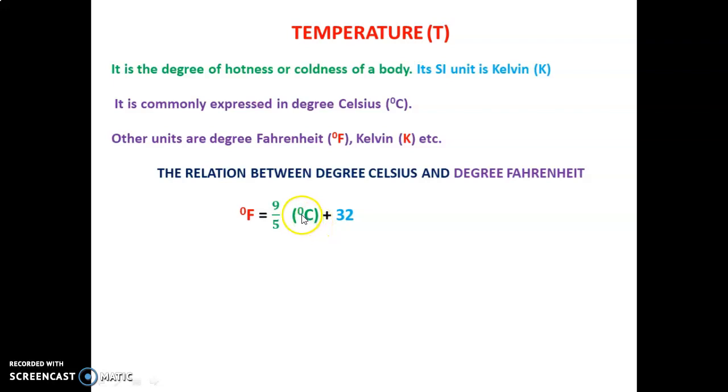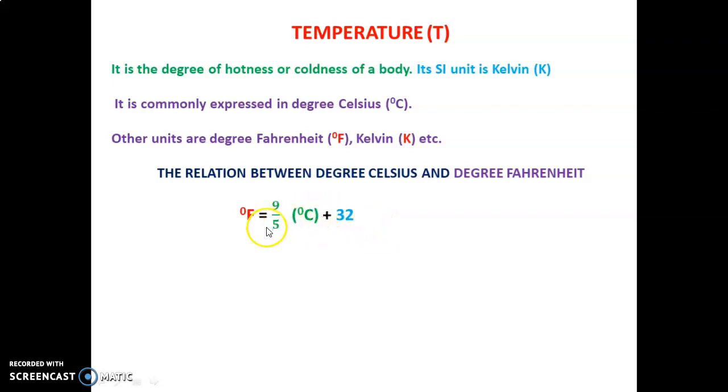Here we write 10, then 9 divided by 5 times 10 plus 32. Then cut 10 and 5, and here you get 2 times 9, 18, plus 32, 50 Fahrenheit.